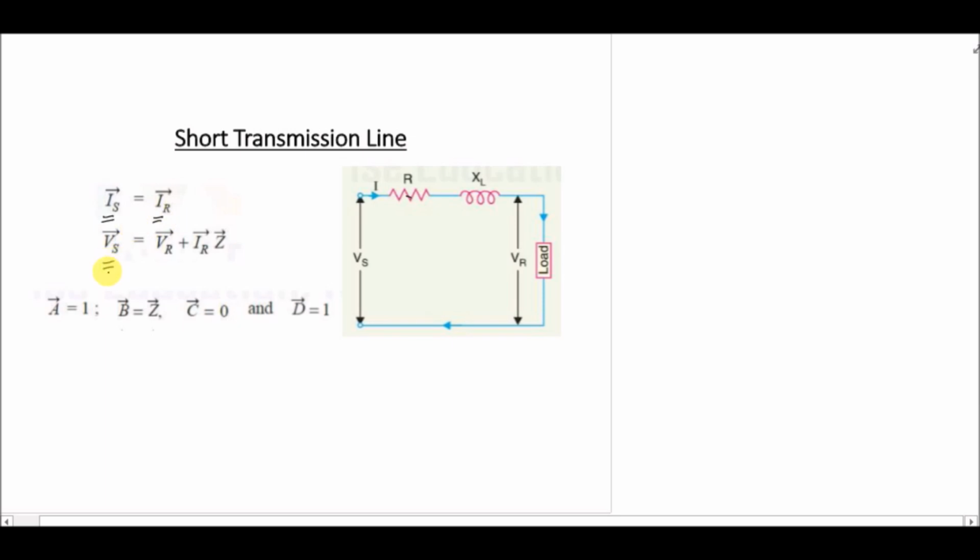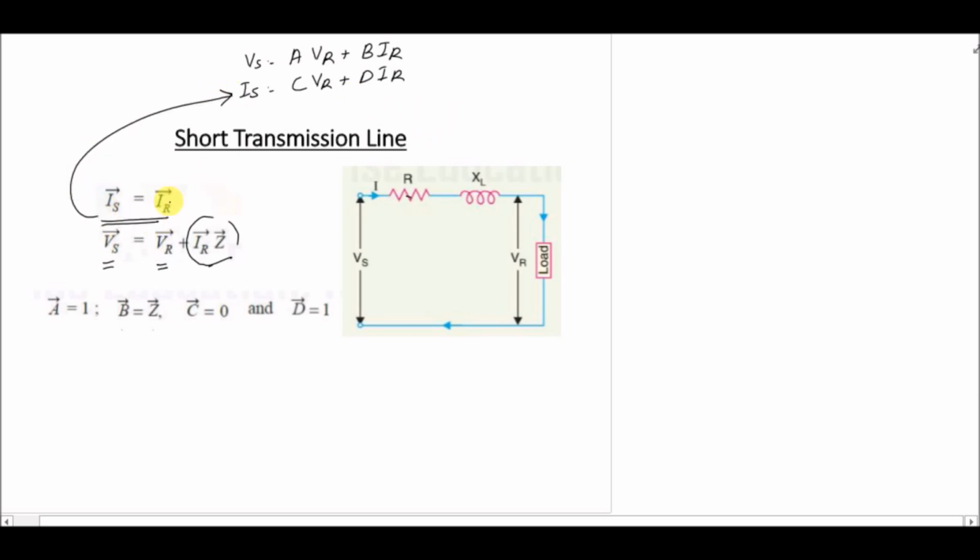Similarly, the sending end voltage is equal to the receiving end voltage plus the voltage drop across the impedance. From the last slide we know that Vs is equal to A VR plus B IR, and Is is equal to C VR plus D IR. This is the equation that will be compared with these equations.